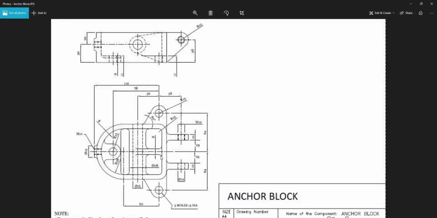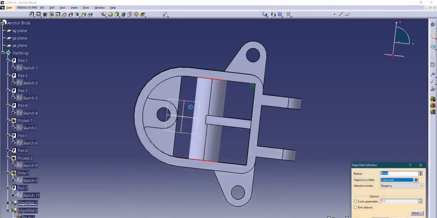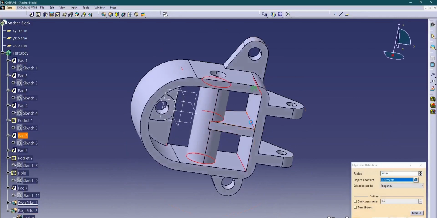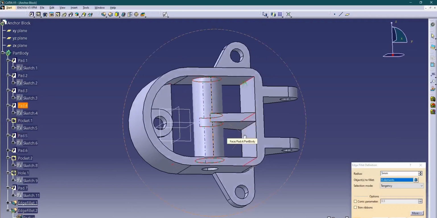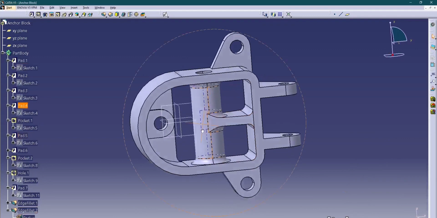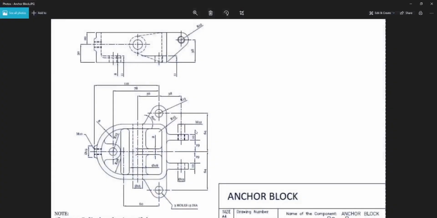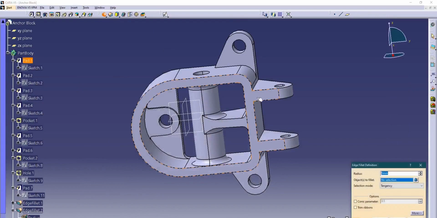Okay, here also the fillet is required, so editing the same fillet, we will add these edges. Okay, and for these edges, we are going to consider the fillet 2 mm.